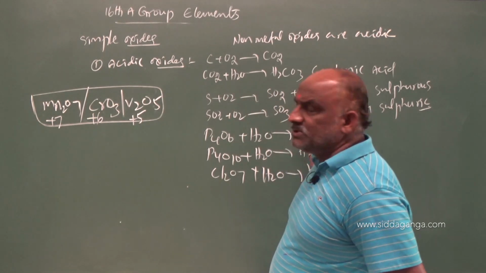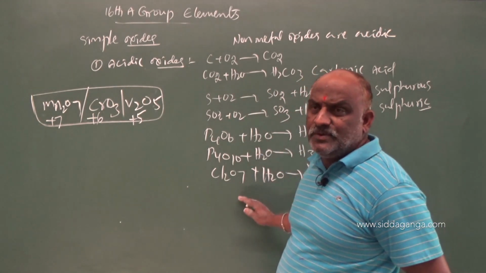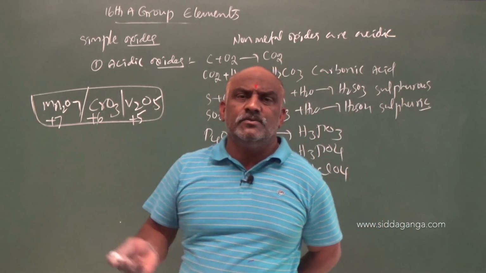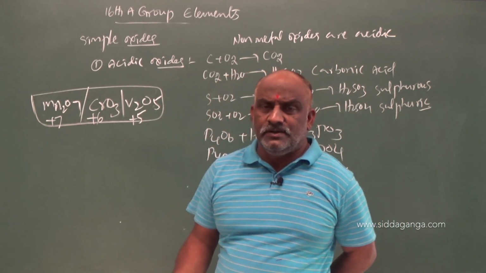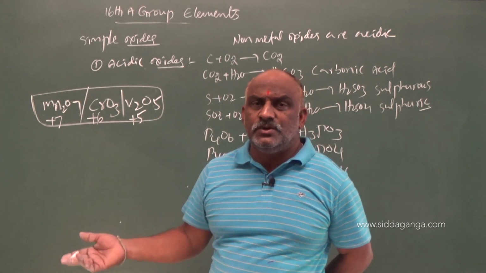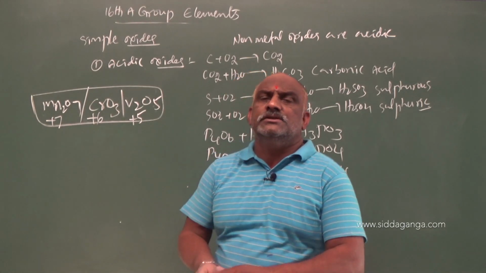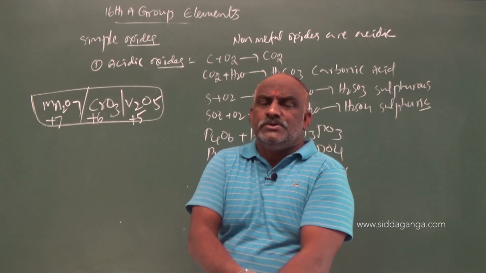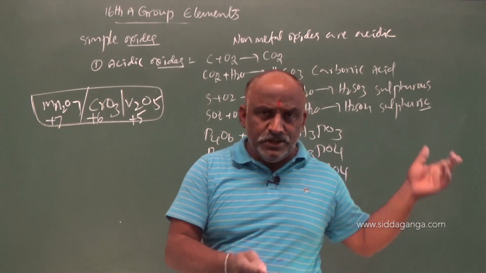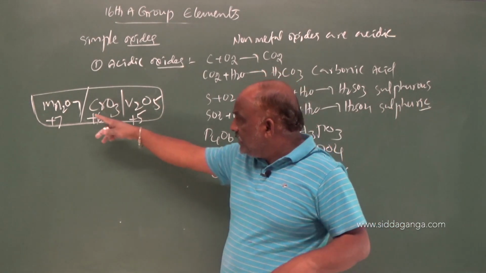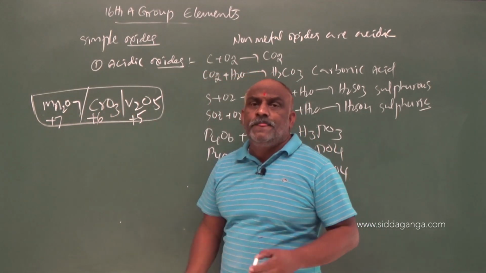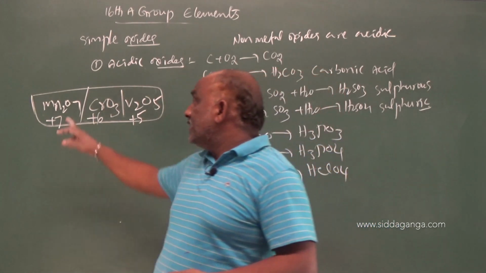Remaining will be the common points: SO2, H2SO3, H2SO4, H3PO4, H3PO3, H2CO3 are common examples. Also HNO3, HNO2: NO2 plus H2O gives HNO2, and N2O5 plus H2O gives HNO3. Don't put more effort on these common examples, because you already know these points. But make a note, this is very important: Mn2O7, CrO3, V2O5 are acidic oxides, though they are metal oxides.